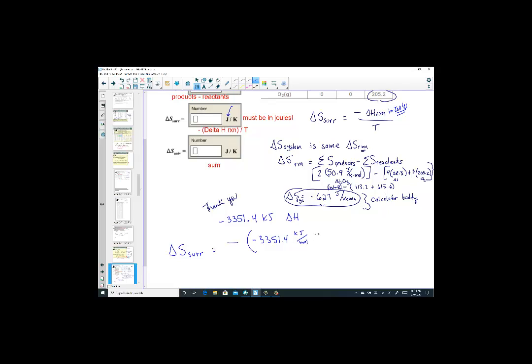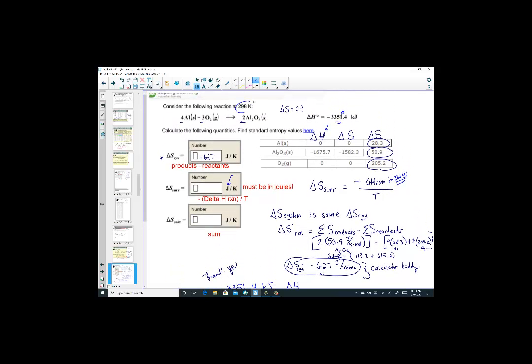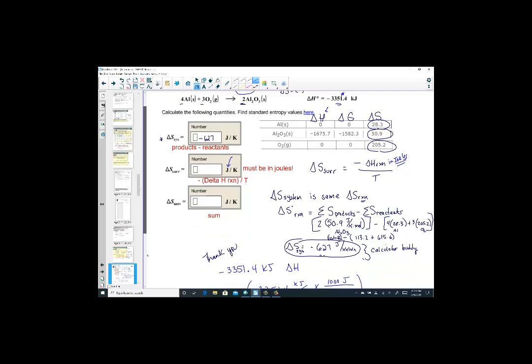And remember, there are 1,000 joules in every 1 kilojoule. So we have to move our number to make it 3 zeros bigger, right? Times 1,000. We'll put that over the Kelvin temperature. And the Kelvin temperature was given to us at standard value right here, 298 Kelvin.